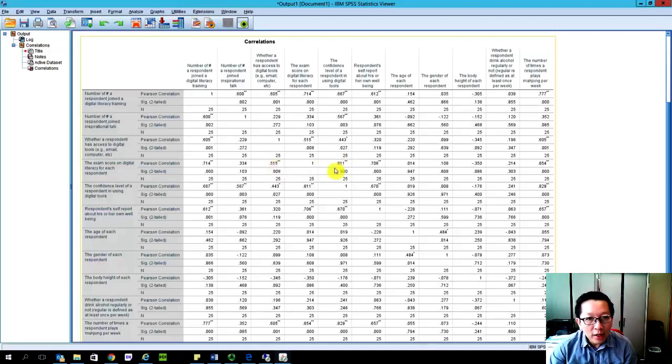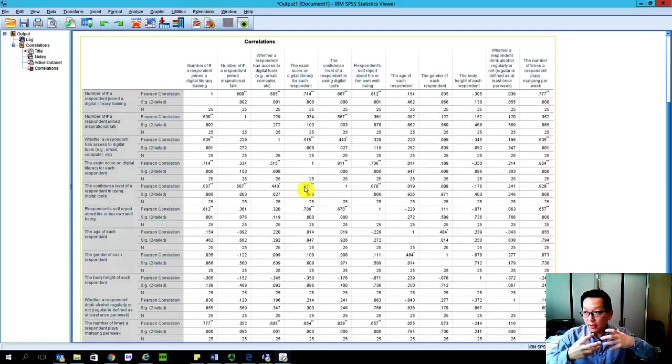And it's also very high here, 0.8, if you want to see that, right? Or here, the confidence level and this digital score. So which means that people who are very confident in their skills in using the digital tools are likely to score very well in the exam.